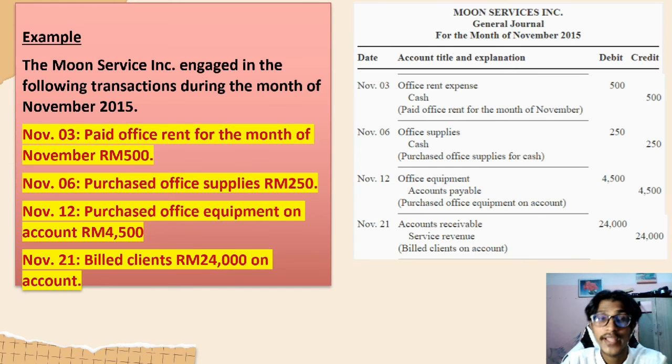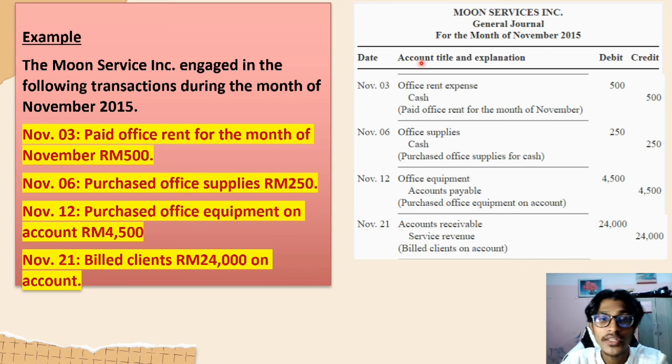Now let's look at an example of how to record in the general journal. The Moon service engaged in the following transactions during the month of November 2015. Before we record our transaction, we have to write our format first, which is date, account title and explanation, debit and credit. The first transaction is paid office rent for the month of November, 500.